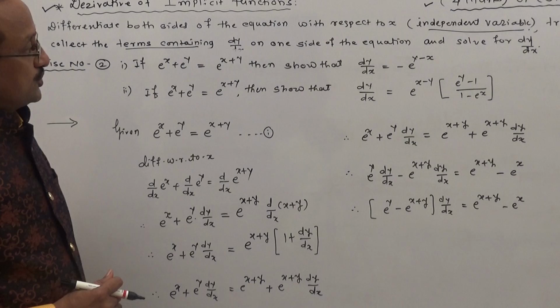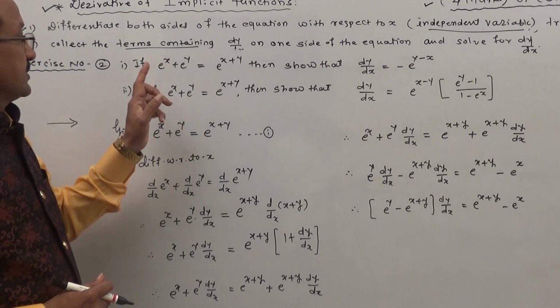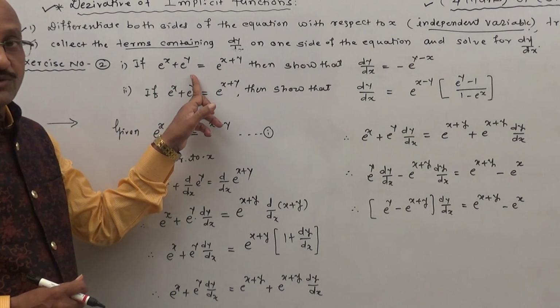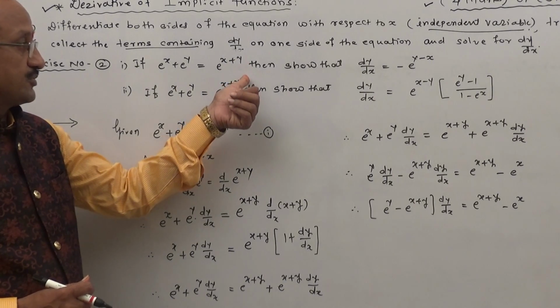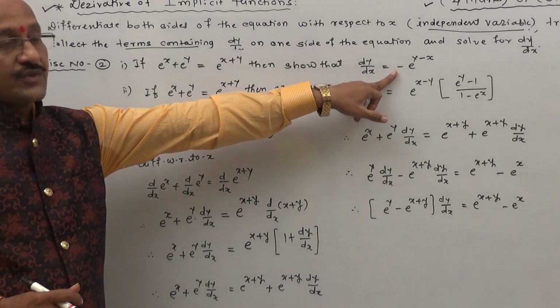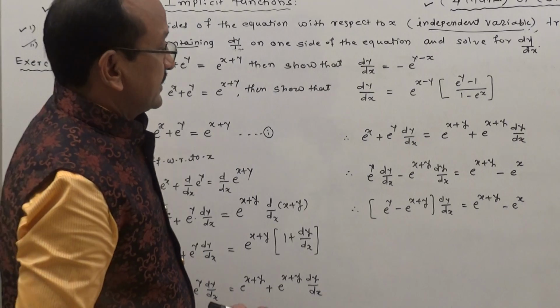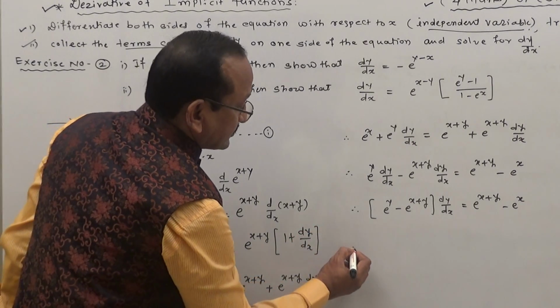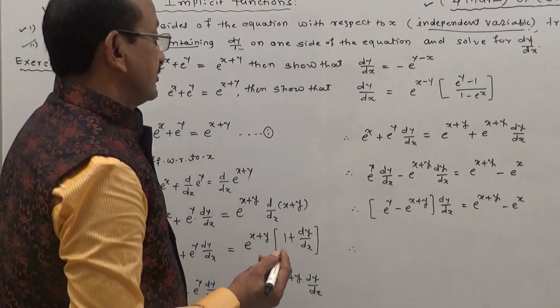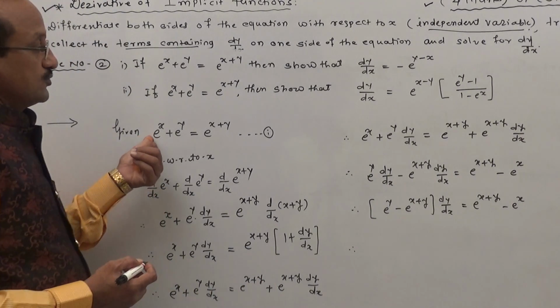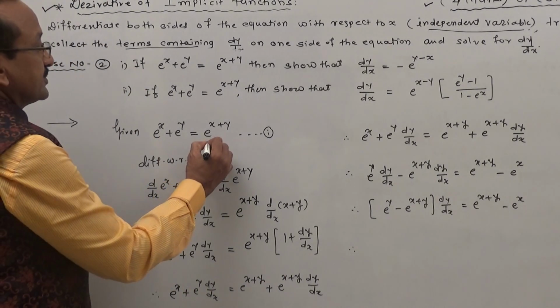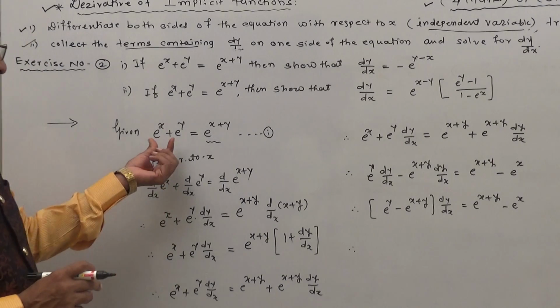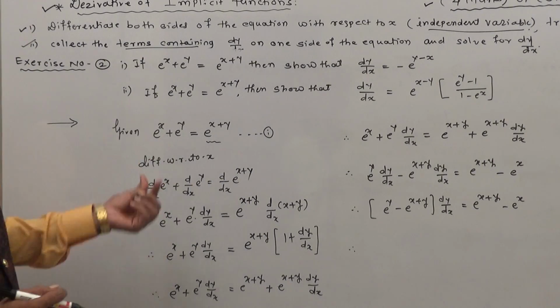Now what you have to show here is dy by dx equals minus e raised to power y minus x. Now by substituting from 1, the value of e raised to power x plus y is e raised to x plus e raised to power y.